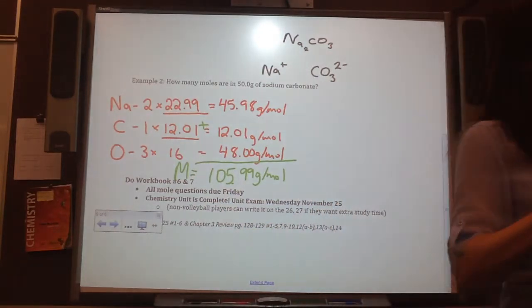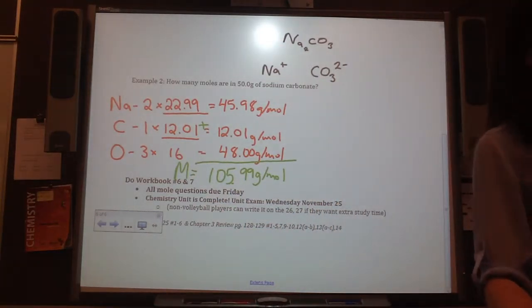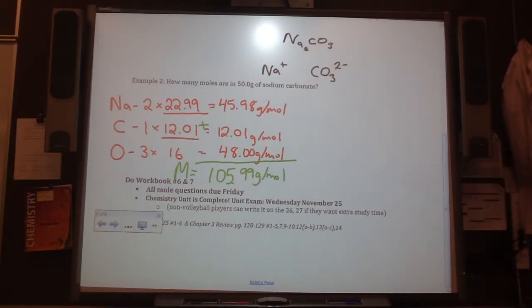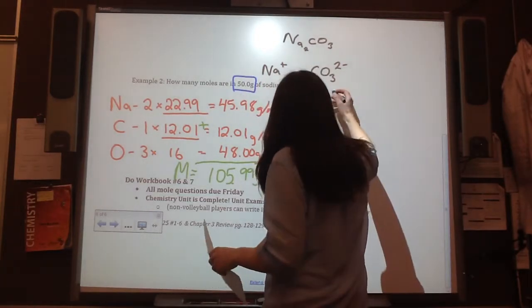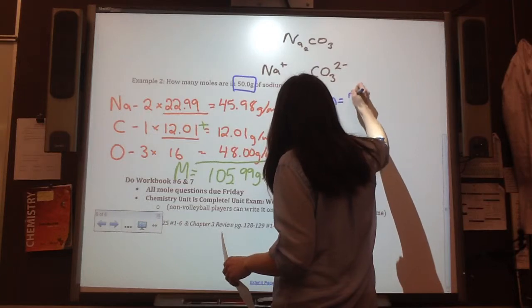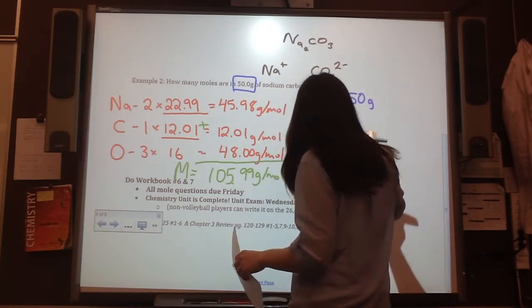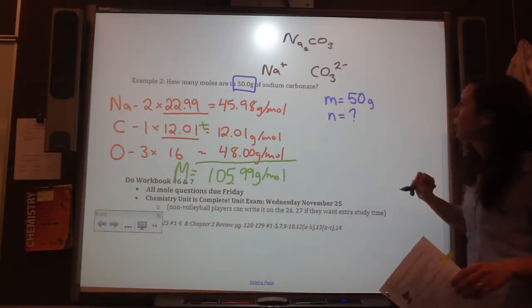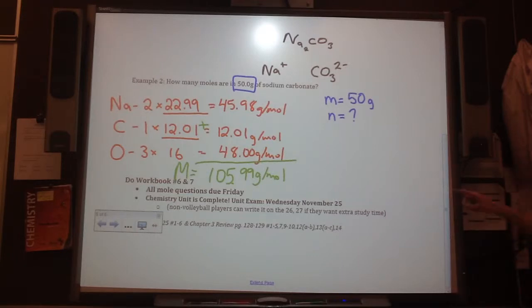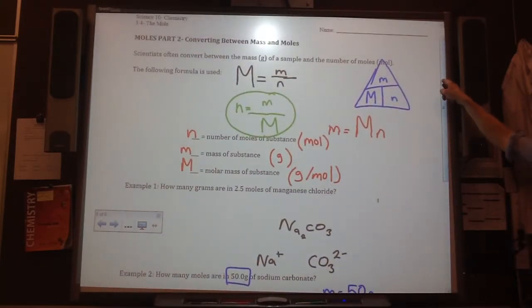So just remember, whenever you're taking the numbers from the periodic table to calculate how much a compound is, that's the molar mass, the big M. So then in our question, we were given 50 grams. So that's my little m, 50 grams. And I'm looking for n, my question mark. So you can look at your triangle, or just what we wrote down.